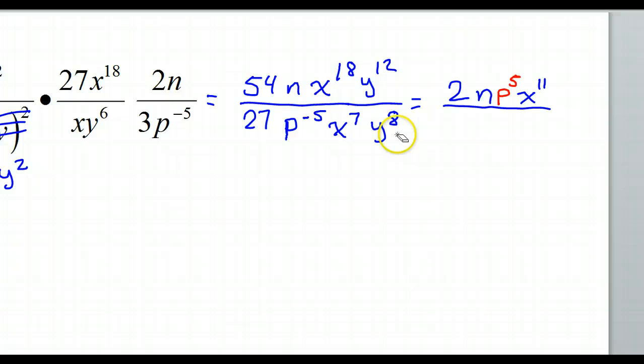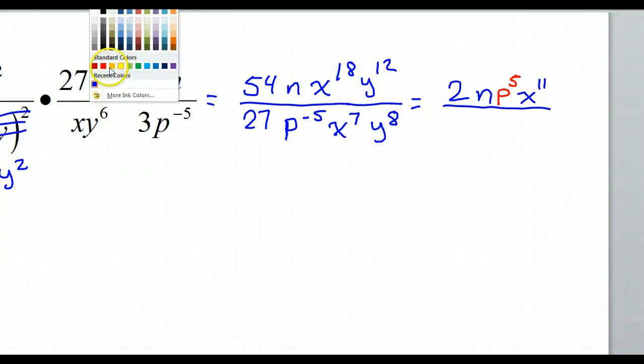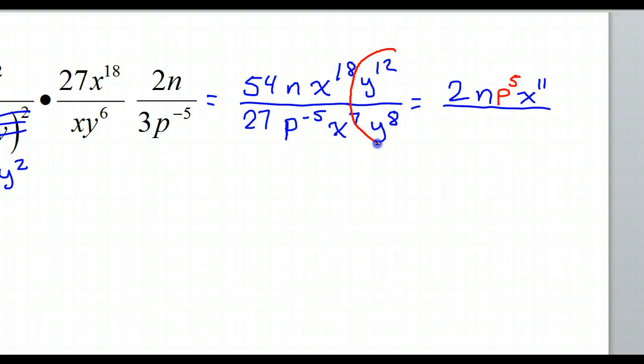So these 8 y's in the bottom are going to cancel out 8 of the y's that are in the top, and that's going to leave behind 4 y's. So that's going to be y to the 4th power. Now, nothing is left in the bottom, and I don't need a 1 down here like I would if this were the numerator. So this is just going to be my final answer.